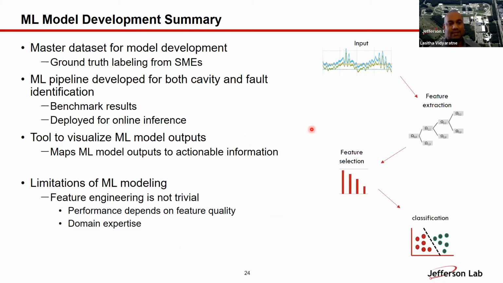It's a difficult task. And more importantly, the performance of our machine learning models depends on the feature quality that we extract, which requires a lot of domain expertise to figure out the best features for a certain machine learning model and a task. So this led us to go on to our next step in developing deep learning models for the same tasks.